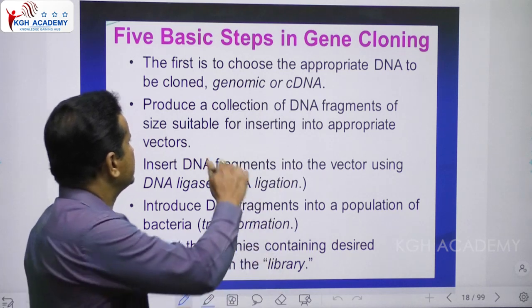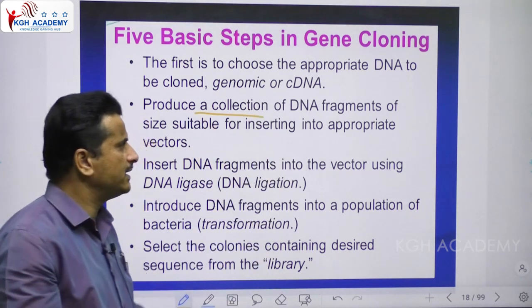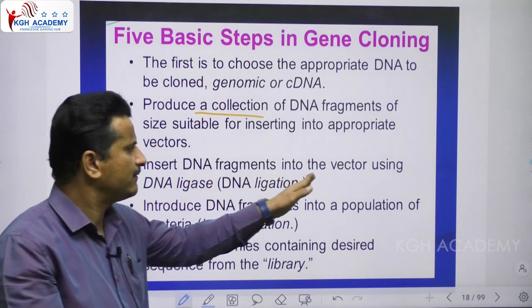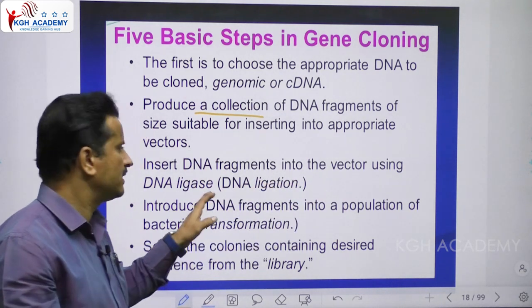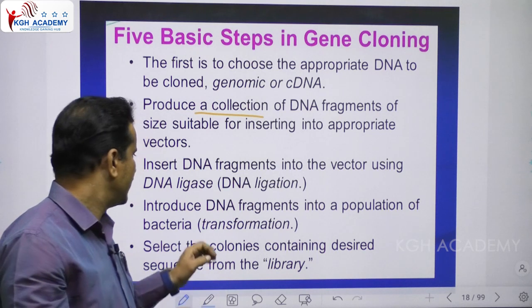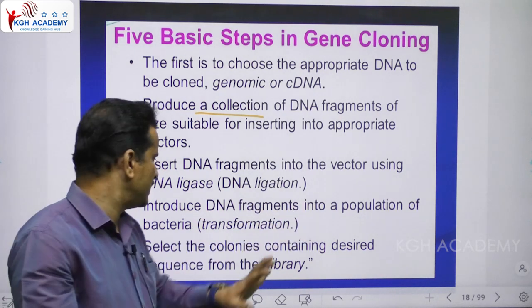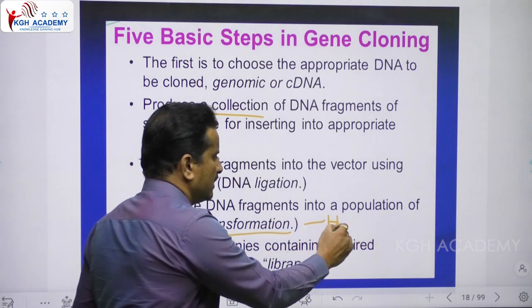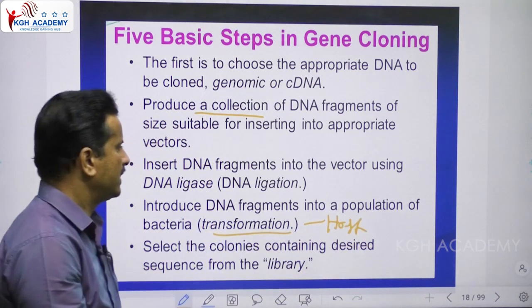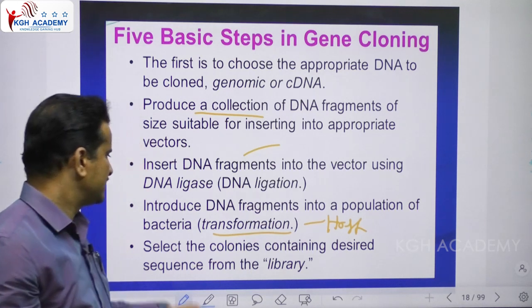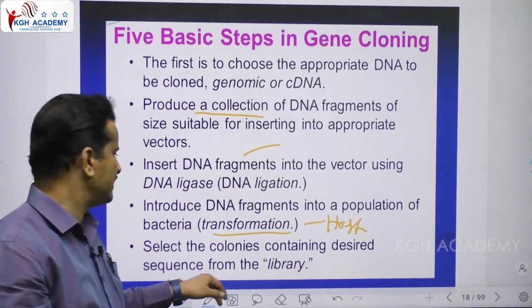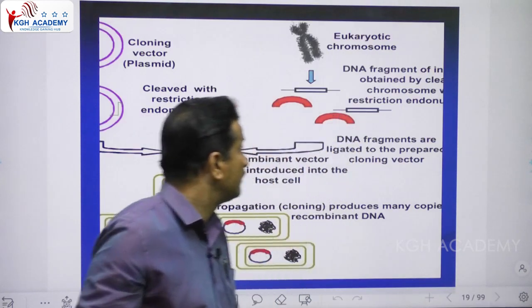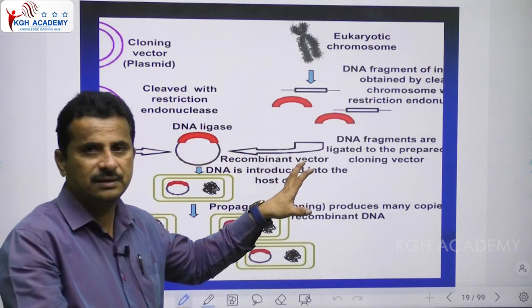Next, collection of DNA fragments, cutting the vectors, and inserting the DNA fragment into the vector by using different enzymes, and introducing DNA fragments into a population of bacteria. Here we are using this as a host. Vector means plasmid. Then select the colonies containing the desired sequence from the library. To understand this, here I am giving one clear slide.